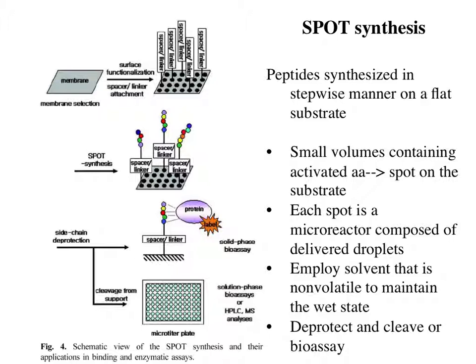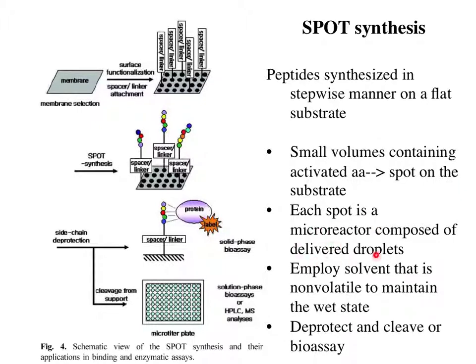So in this case, on your membrane, you spot on a spacer and a linker attachment at a particular spot. And then on top of that spot, you start to synthesize or add amino acids. In this whole process, you have small volumes containing activated amino acids that you spot on the substrate.